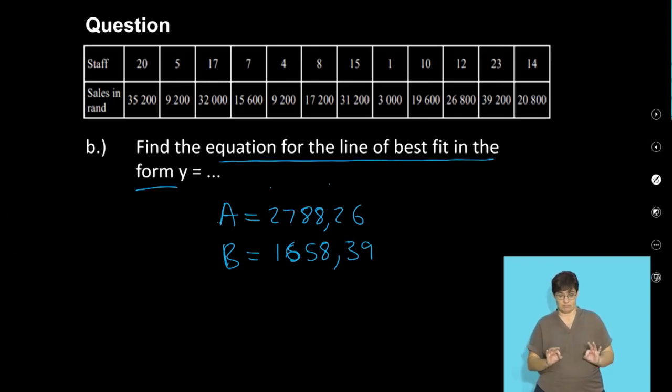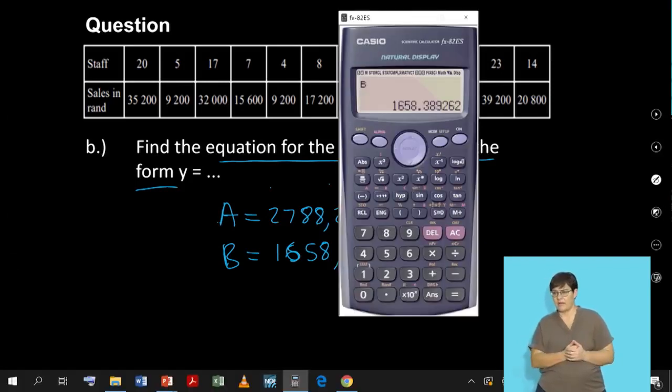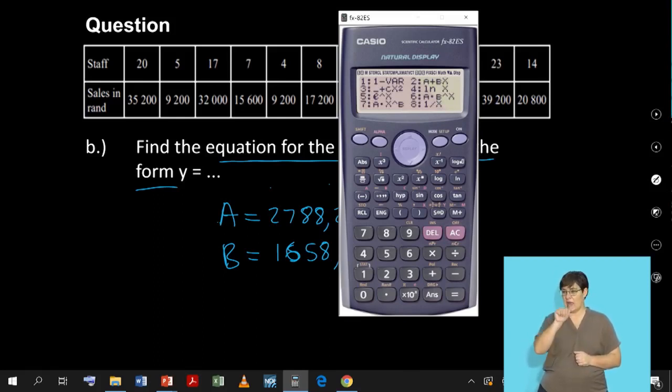Are we together? So if you look at this, where's this regression? Let's look at our calculator again. It's actually mode stats. Can you see Y equals A plus BX? Are we together?